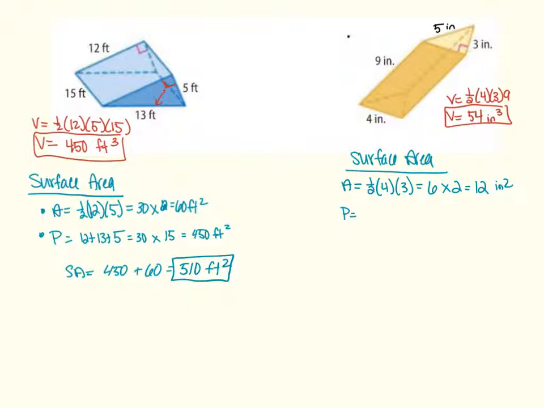That's going to be 5 plus 4 plus 3, which is 12, and then take 12 times 9, where 9 is the height of the prism. That gives us 108 inches squared. Now add those two together to get your total surface area, and you get a total of 120 inches squared.